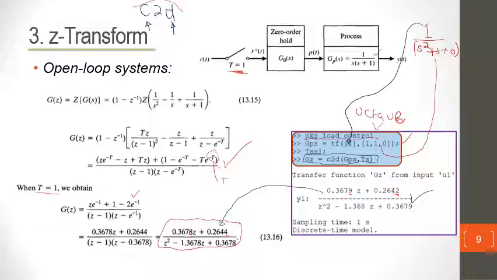But generally, that's how you calculate your Z transfer function using this tool. It takes some time, so practice these commands, and see what transfer functions you can get for different types of GP of S. Go ahead, use the examples in the book and tutorial to practice these commands.